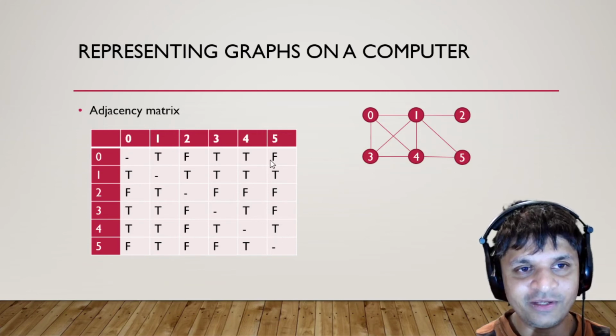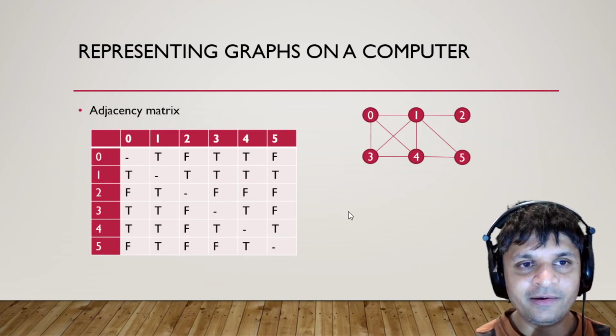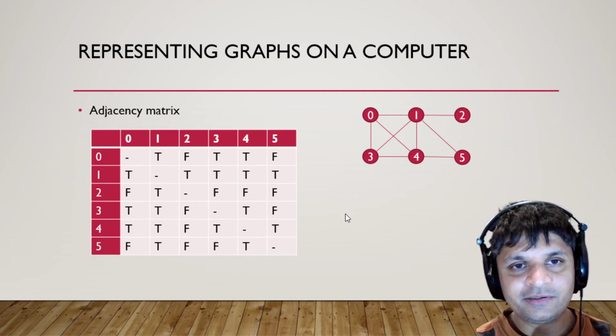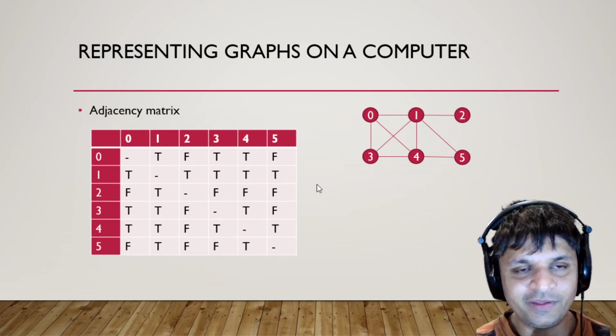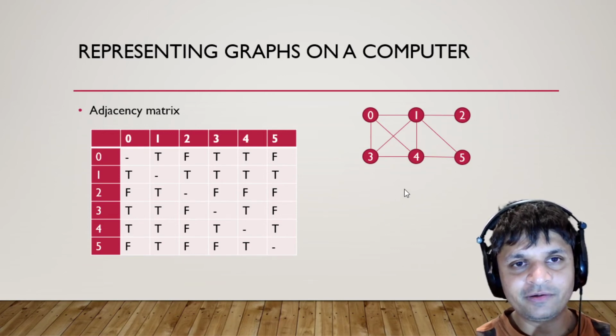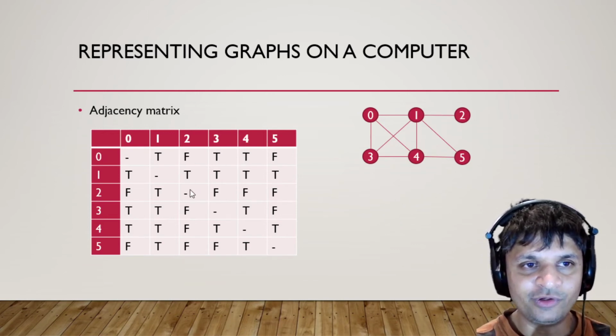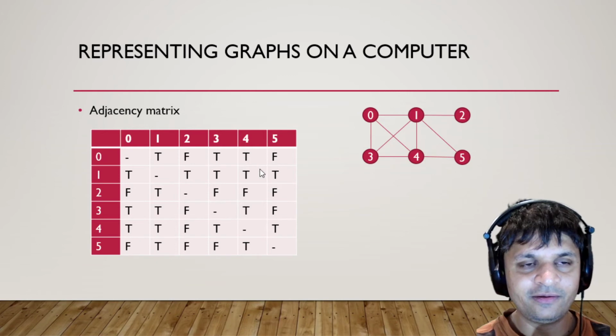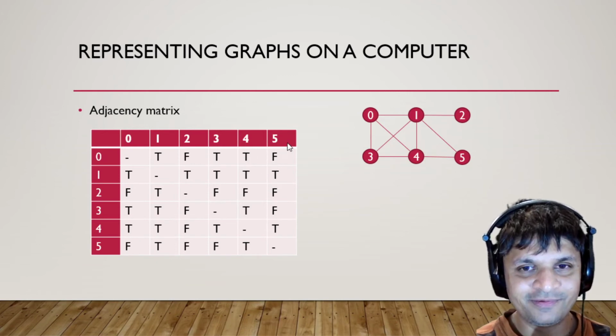So that means that this matrix is going to be symmetrical about this diagonal. And I mean, that kind of makes sense because it's undirected, so the edges have to correspond, right? If the graph was directed, you'd find that this wouldn't necessarily be symmetrical.